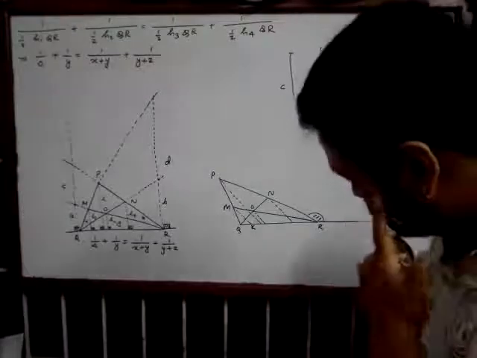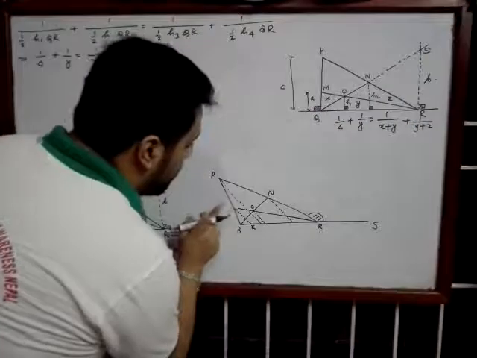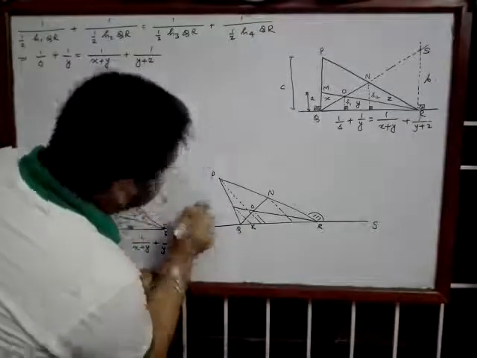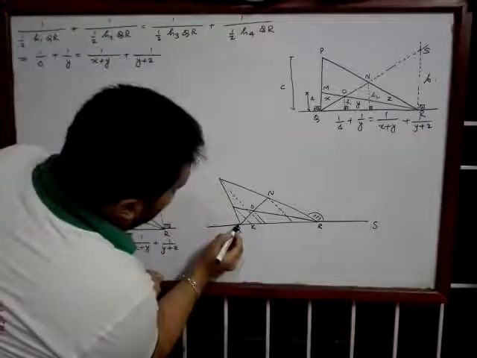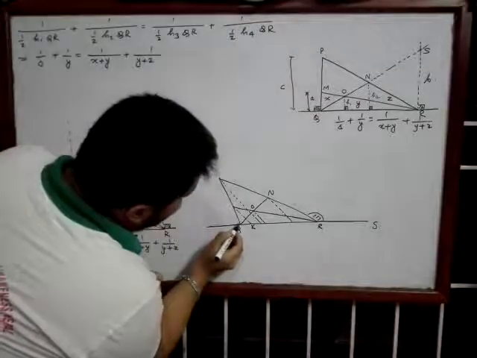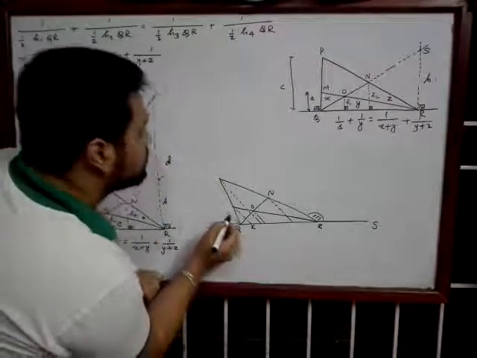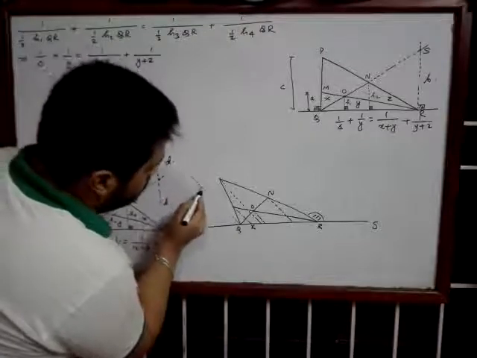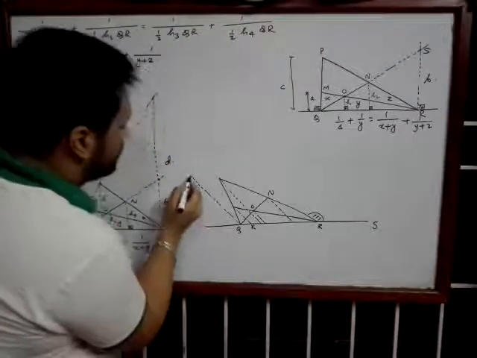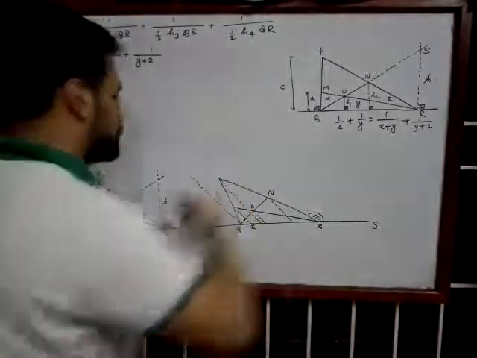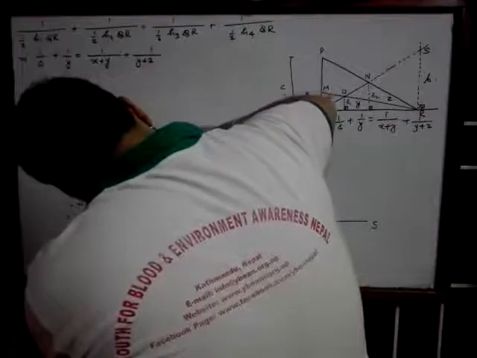Next, you draw lines parallel to these lines which pass through Q and R as well. Since this is greater than this angle, it will be something like this.